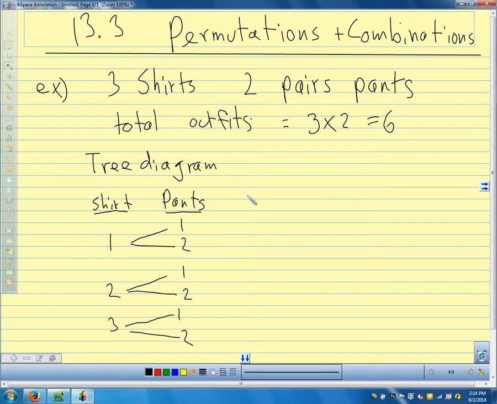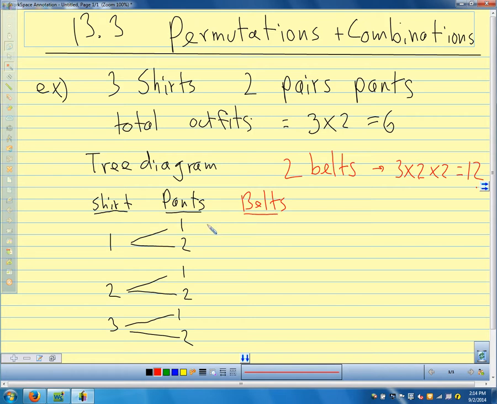What if we had 2 belts? How would that change our answer? Multiply by 2. So I'd have 3 times 2 times 2, and I would end up with 12. I'm going to put the belts over here in red, and I can do the same thing.